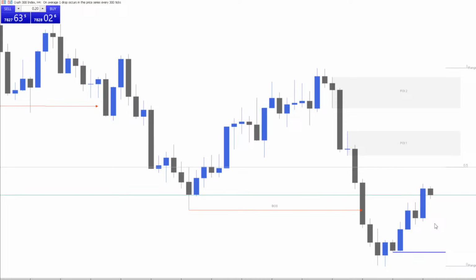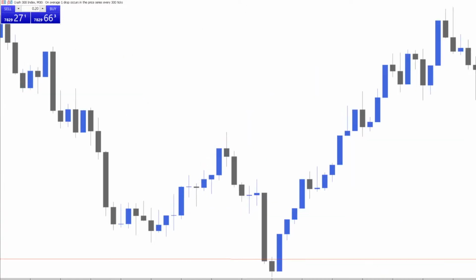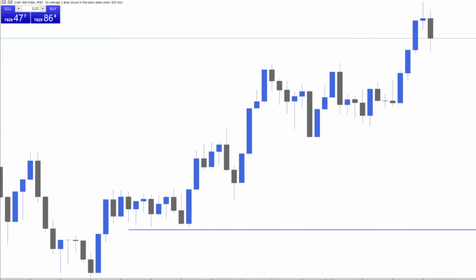I want to look for confirmation entries for my buys to let me know that this is an actual, true reversal, and then I can hop in and make some very good money before joining back in the directional flow of the market. So I can go back into the 30 minutes time frame. I like to use 30 minutes time frames a lot.